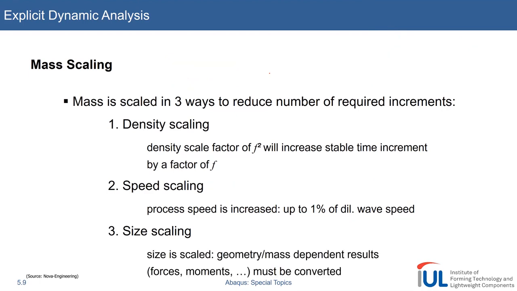All right, size scaling. As I said, rarely used. The thing is, if you're afraid to alter the density and the speed, you could alternatively just make your problem bigger. So for example, you are supposed to produce a hood out of a 1 square meter sized sheet.